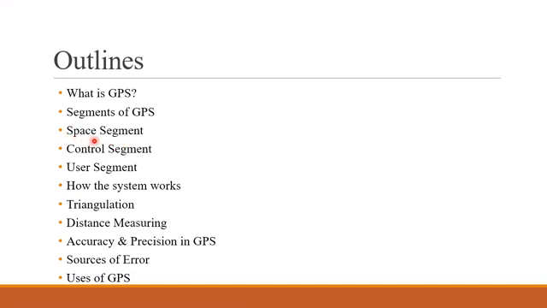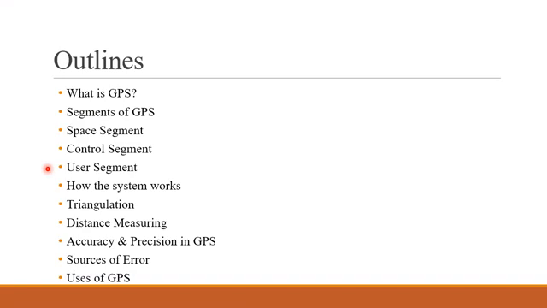The satellites which revolve around the Earth in space are known as the space segment. The control segment, which is on the Earth surface and controls the overall system of GPS, is known as the control segment. And the user segment, which we use, is the GPS device or receiver.